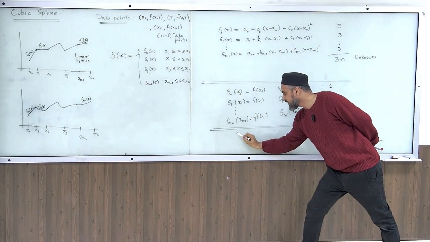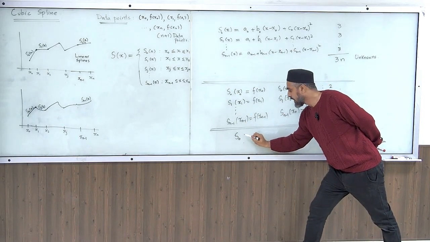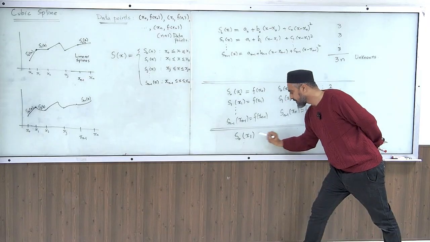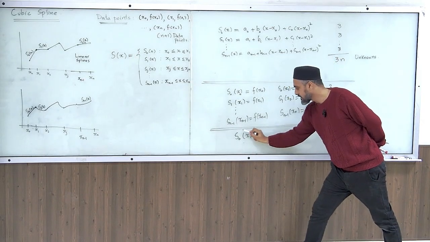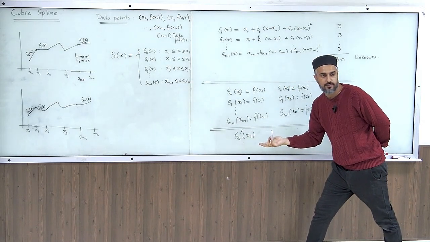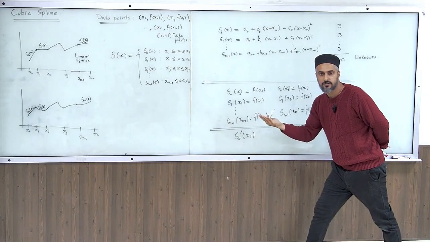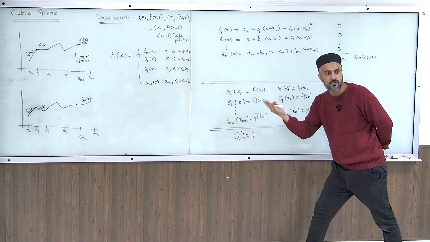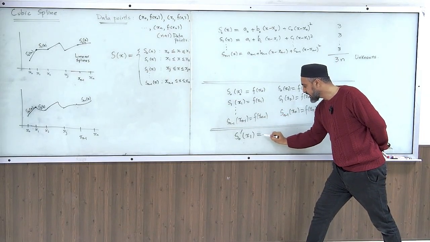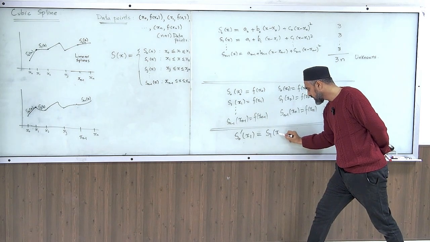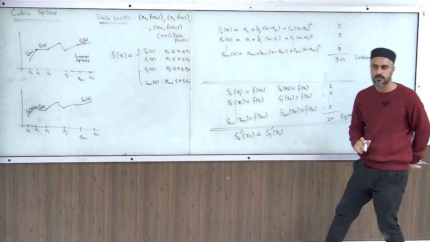So I will say S0 at x1 will have some derivative. There will be some derivative value of S0 at x1. It should be the same as the S1 derivative at x1.